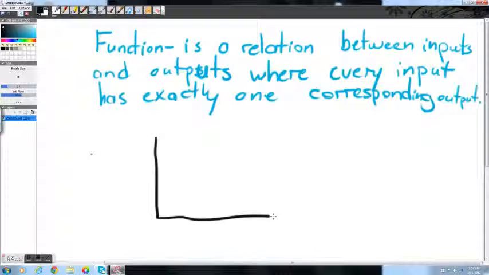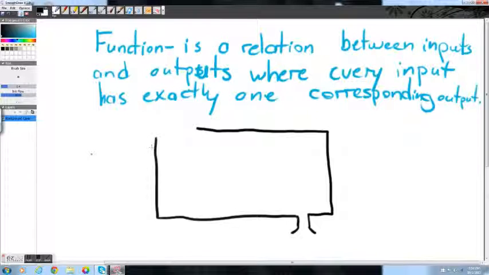What it does is that it takes an input x and produces a corresponding output f of x.